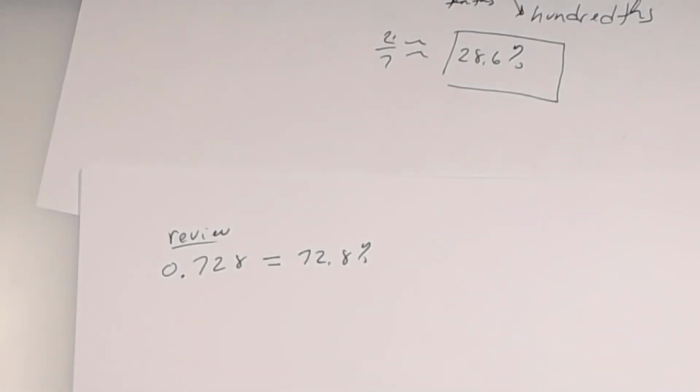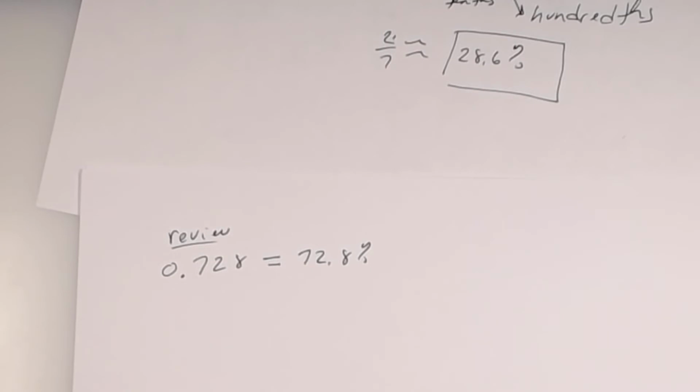Yes or no? Yeah. You move the decimal point 2 places to the right. So to change a decimal to percent, you move the decimal point 2 places to the right and add a percent symbol. So that's when you multiply by 100, that's what you're doing, moving it 2 places to the right.